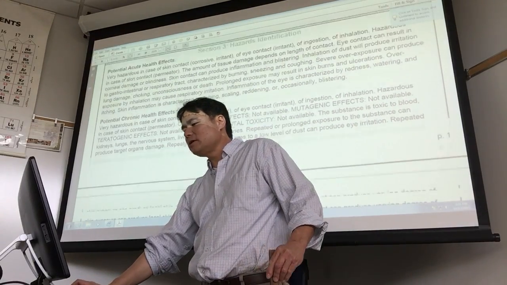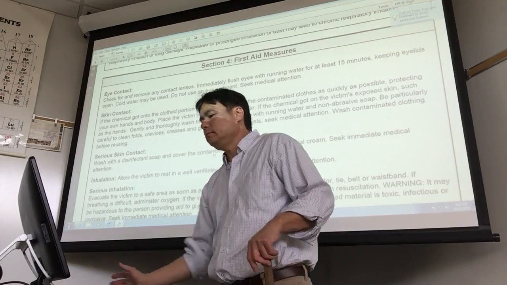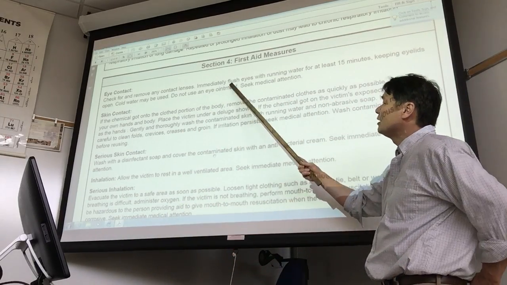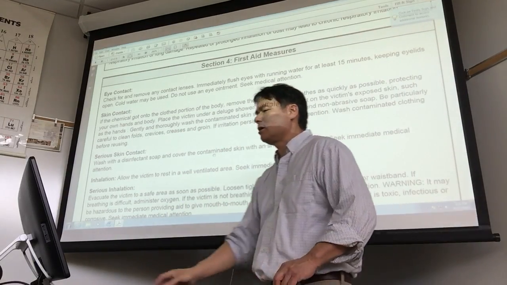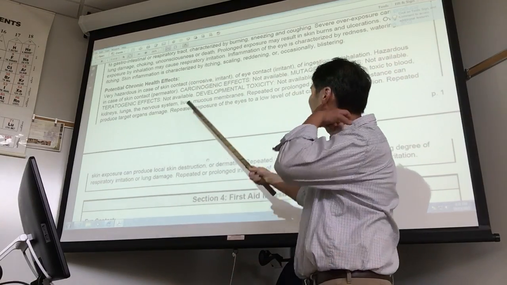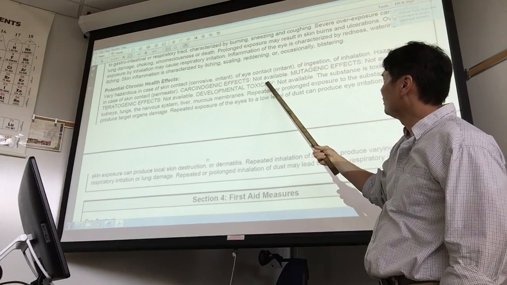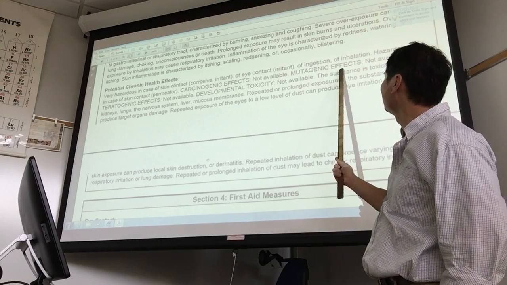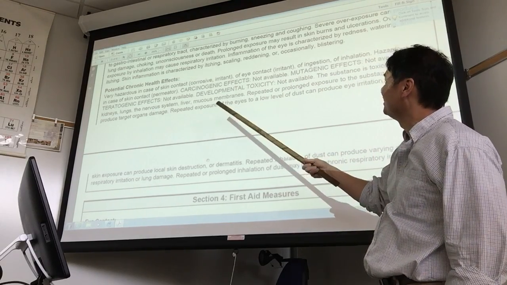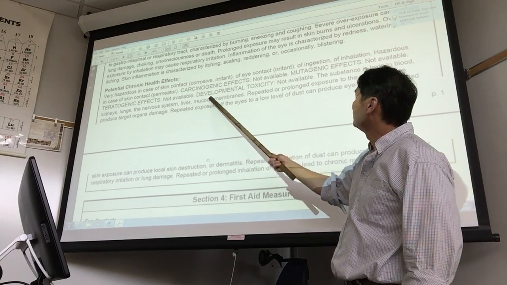And so you familiarize yourself with some of the hazards of these: eye contact, skin contact, etc. Some of the hazards, like chronic health effects, are carcinogenic, cancer-causing effects, not available. Mutagenic, causing mutations, not available. Teratogenic, cause birth defects, not available.